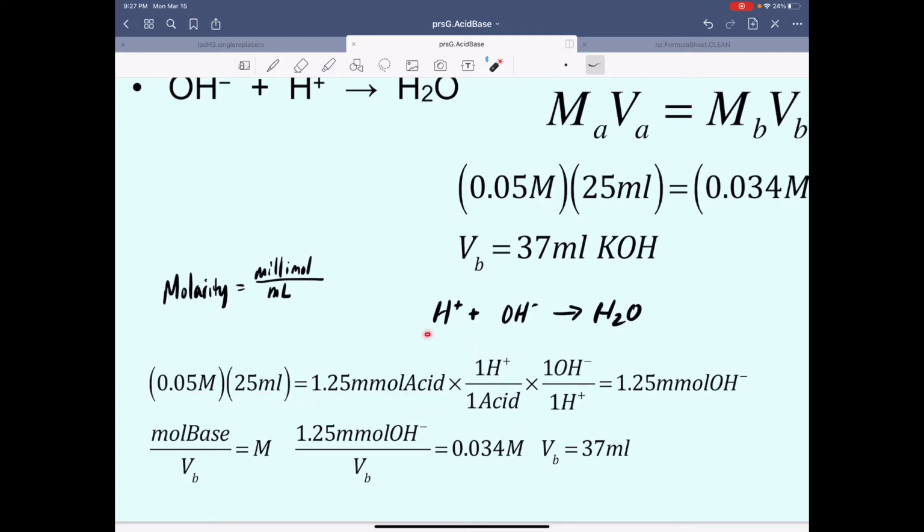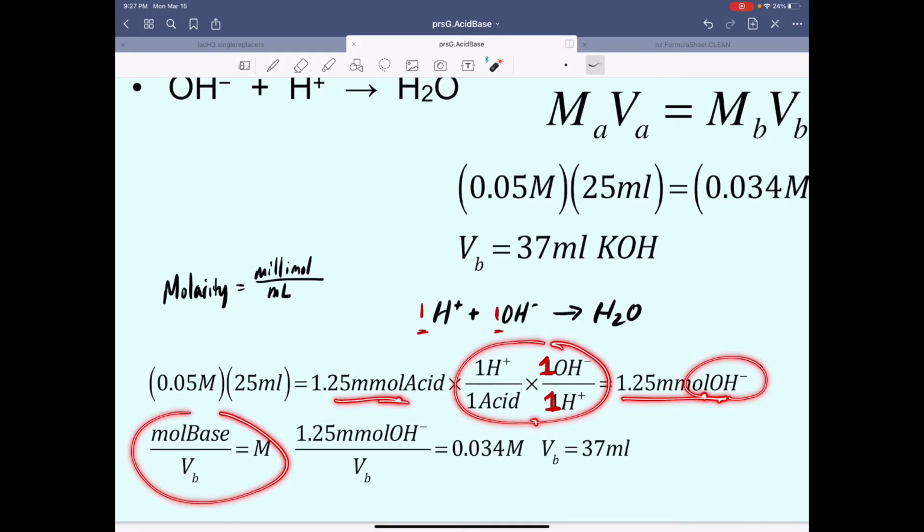And then of course the reaction, we notice, is a 1-to-1, 1 hydroxide reacting with every 1 acid ion. And so, of course, these don't make any difference mathematically, but the moles of acid will be neutralized by the same millimole of hydroxide ion.